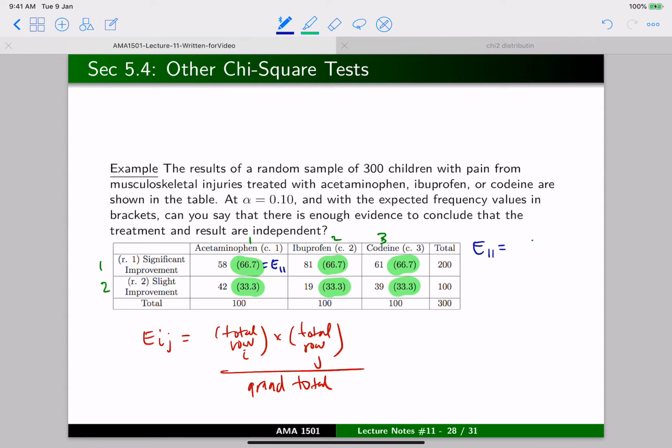E11 is the total of row 1, which is 200, times the total of column 1, which is 100, but the grand total is 300. So this is clearly just 2/3, 200 over 3, which is 66.7.